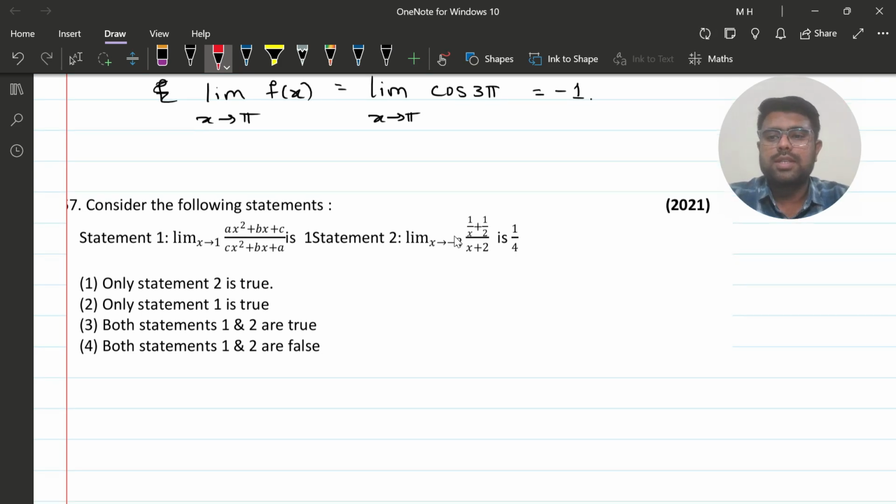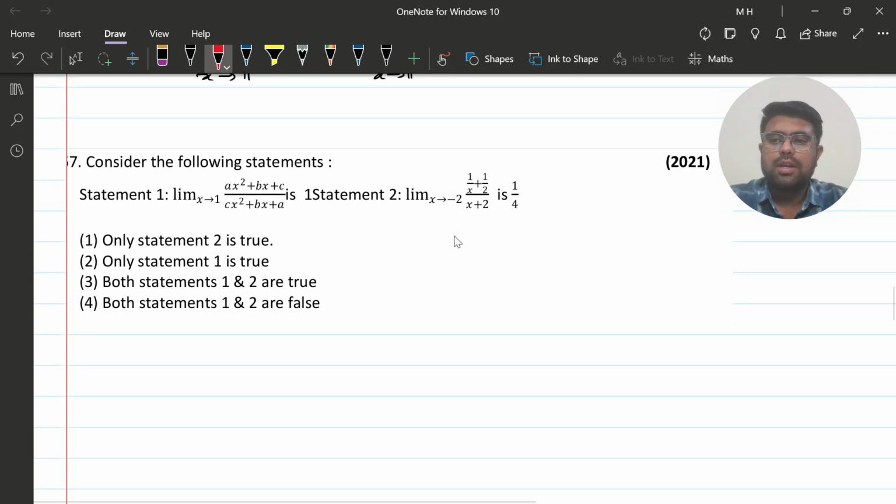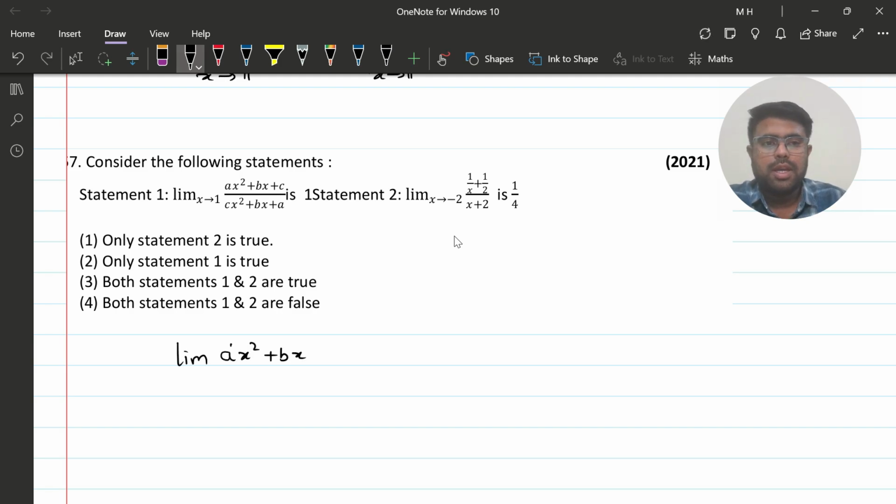The next question says, consider the following statements. Statement 1 says the limit of (ax square plus bx plus c) divided by (cx square plus bx plus a) as x tends to 1 is equal to, if I put x equal to 1, I am going to get (a plus b plus c) divided by (c plus b plus a), which will definitely get cancelled out.